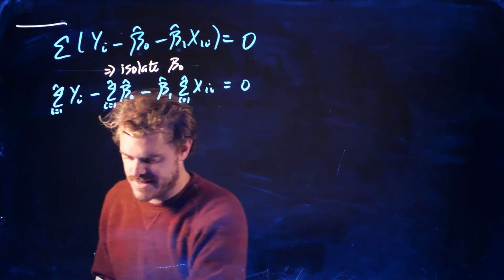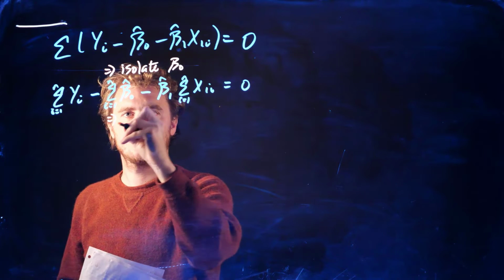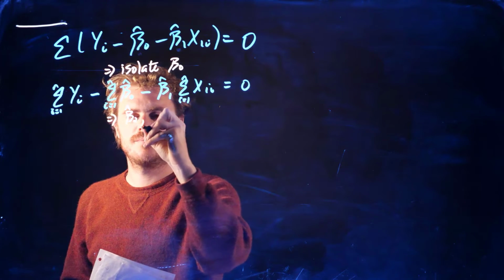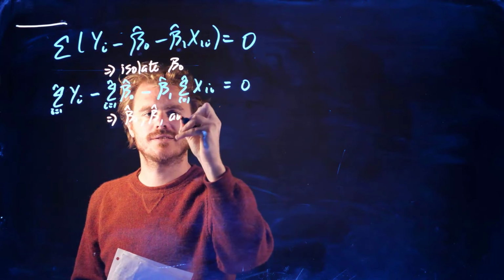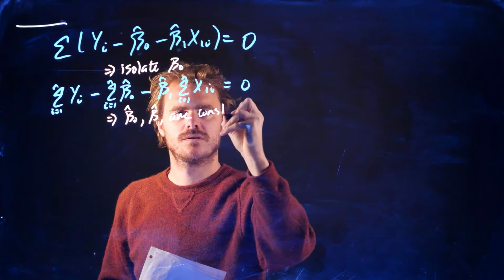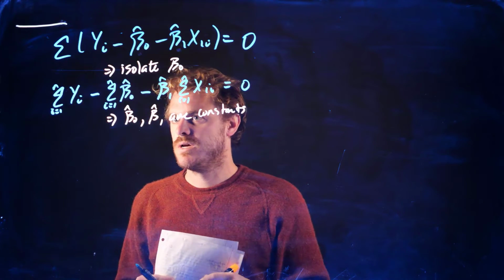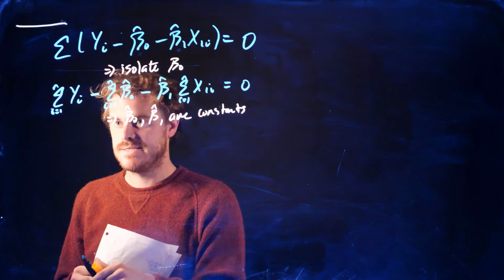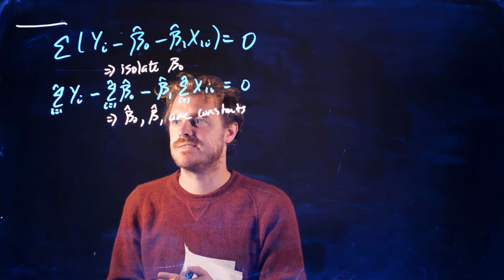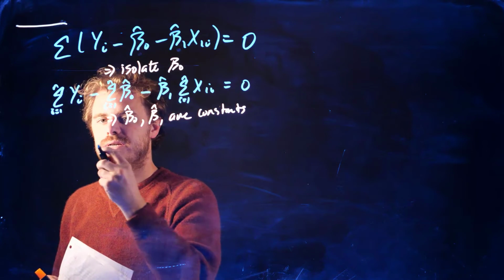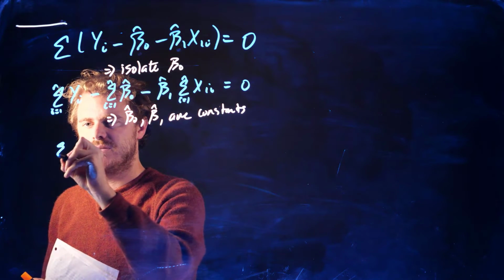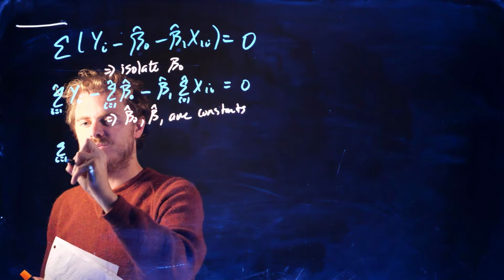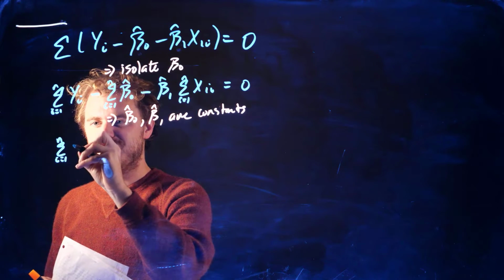The idea there is that beta hat 0 and beta hat 1 are constants. Then let's simplify this second term now too. So we have the sum from i equals 1 to n. Again, I'm going to stop writing the 1 to n part.